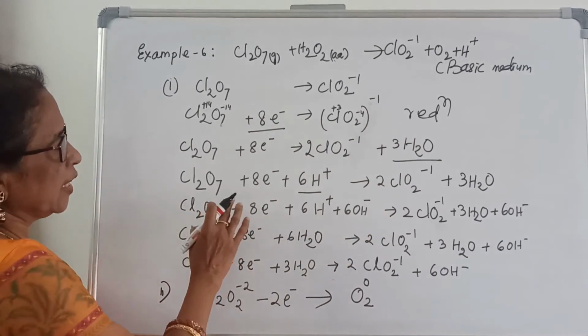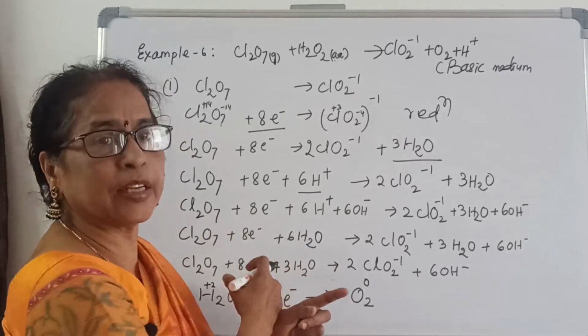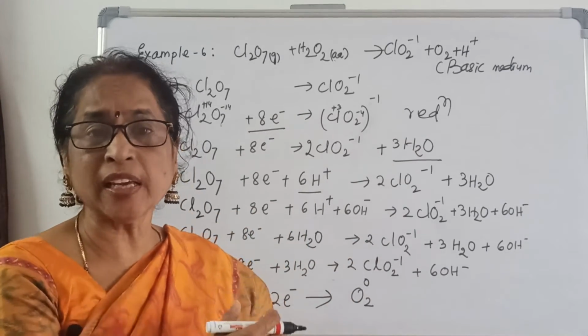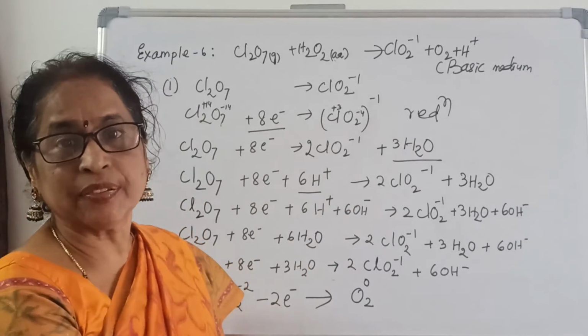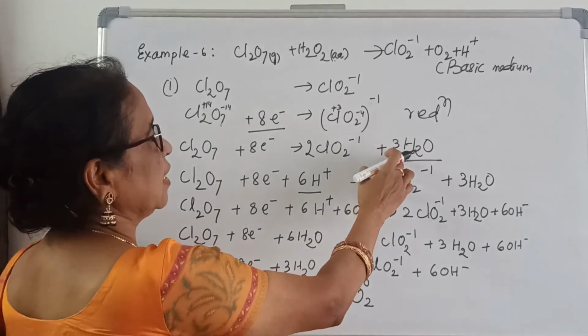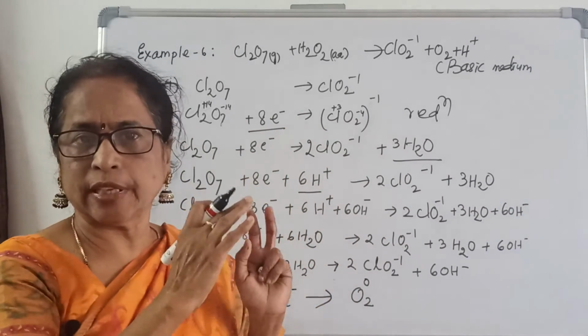Then what about the reactant side? After that we will balance hydrogen. You know, hydrogen should be balanced by H plus ion. Now check how many hydrogen deficiency on which side. There are 6 hydrogen on the product side, but no hydrogen on the reactant side.